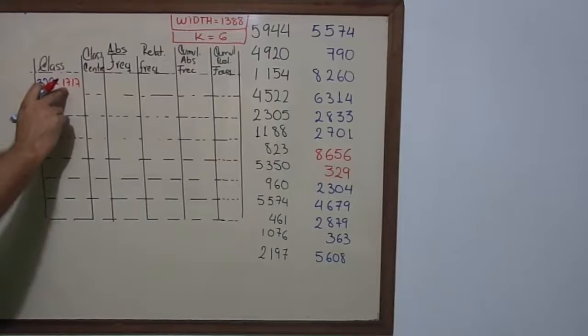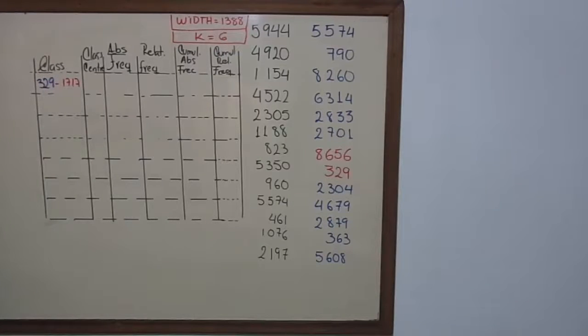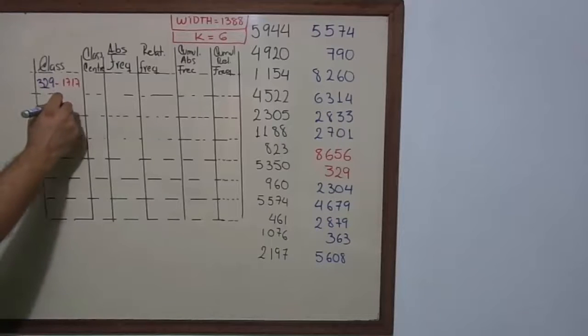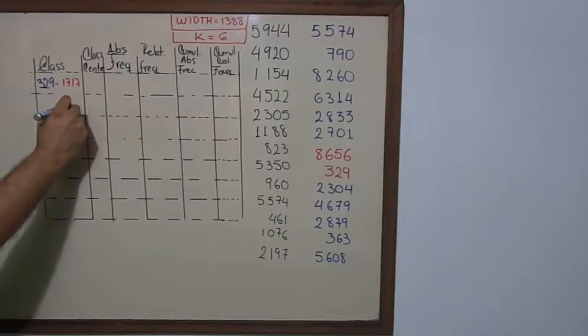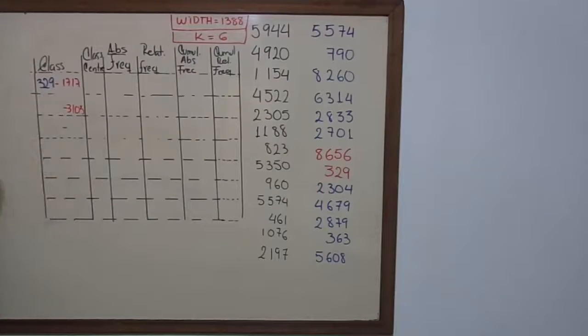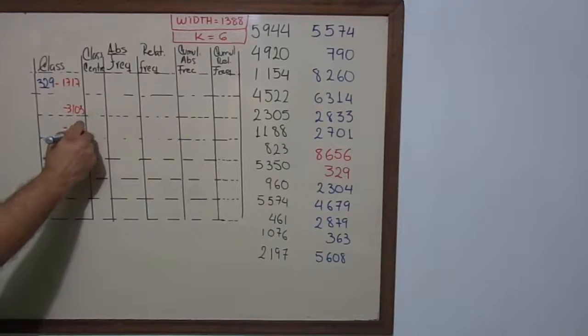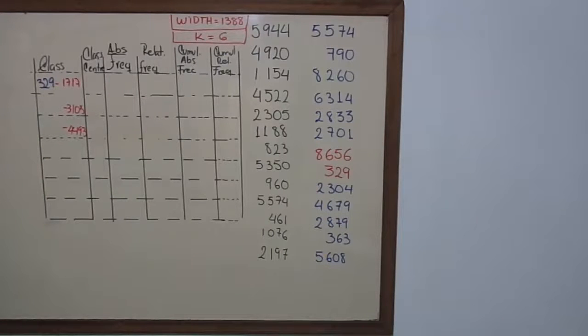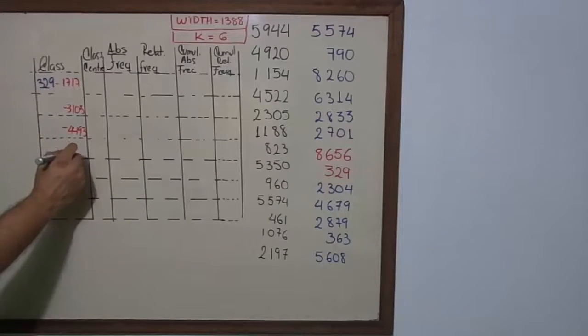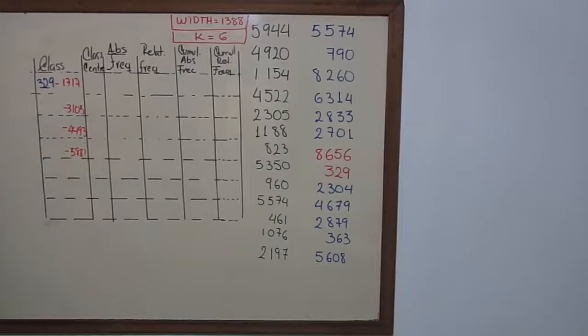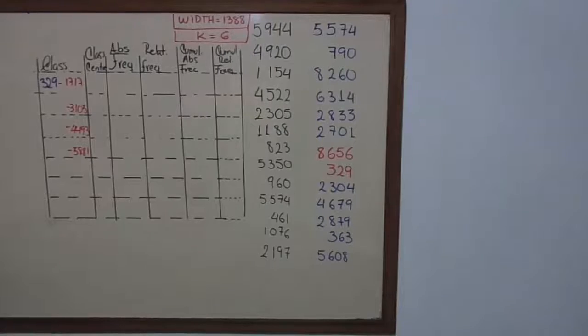That means that 1,717 plus 1,388 will give you 3,105, plus 1,388, that's 4,493, plus 1,388, 5,881, plus 1,388.